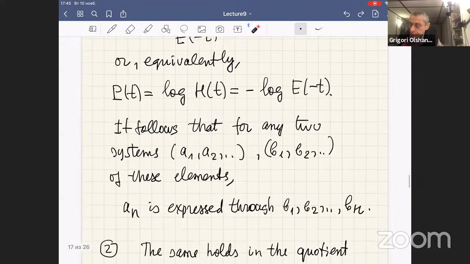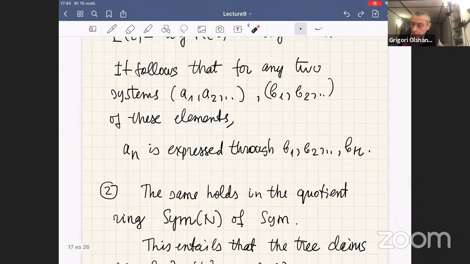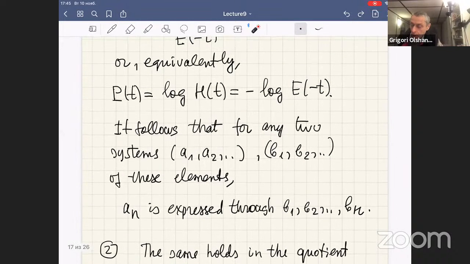And it follows from this equality of formal power series that one can deduce, for any two systems of generators, so A and B can be any, say A is P and B is E or B is H. This is just a notation to explain that we pick any generating series from our triple.